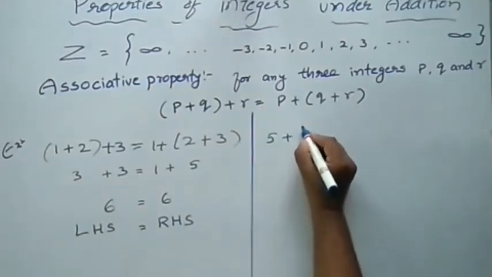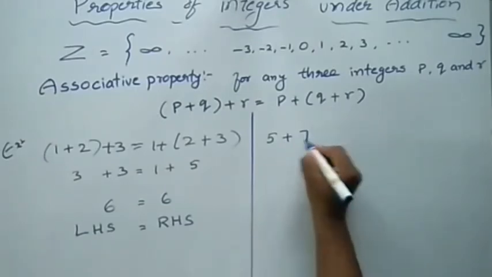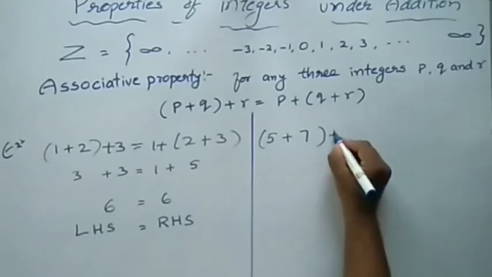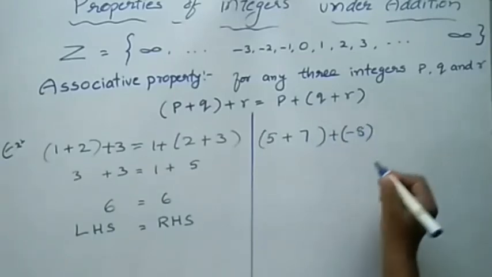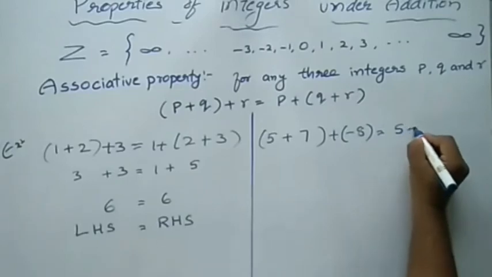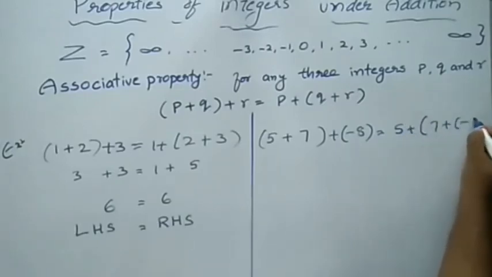Here I am going to take another example: 5 plus 7 plus minus 8 equals 5 plus 7 plus minus 8.